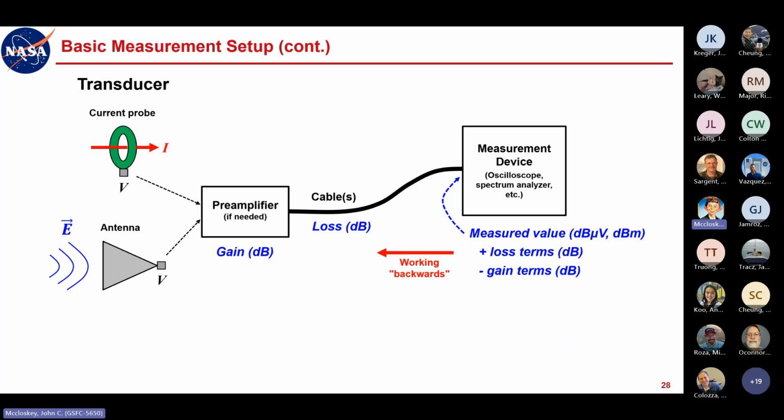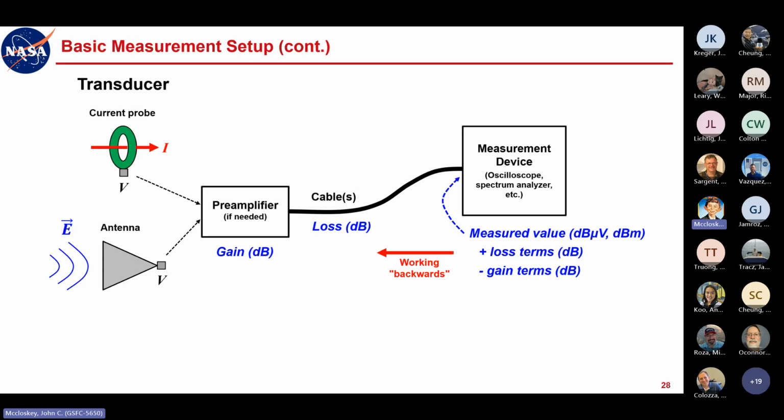Like, you add gain. Well, yes, you do when you're working forward, but when you're working backward, you have to flip all those things around. Your loss terms are what you add, and then your gain terms have to be subtracted, which also means you have to make sure you're entering those parameters into your measurement software with the correct sign. Right?